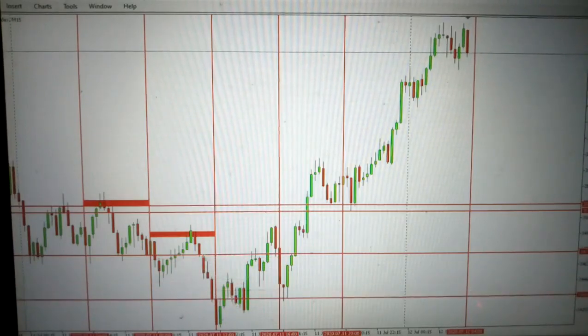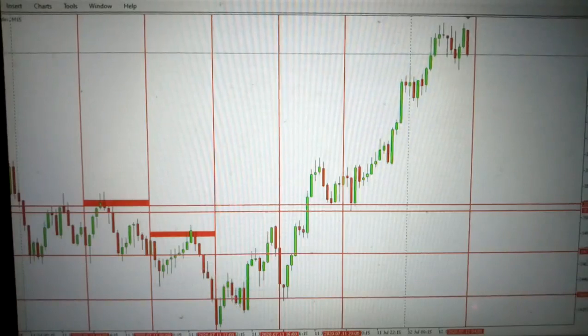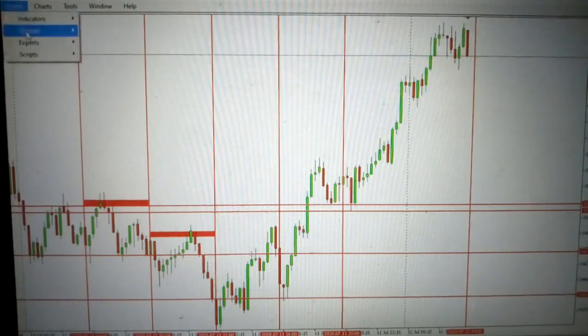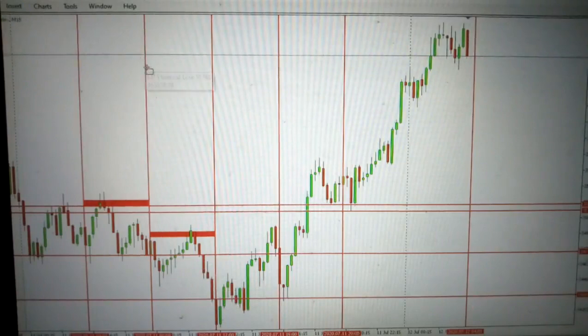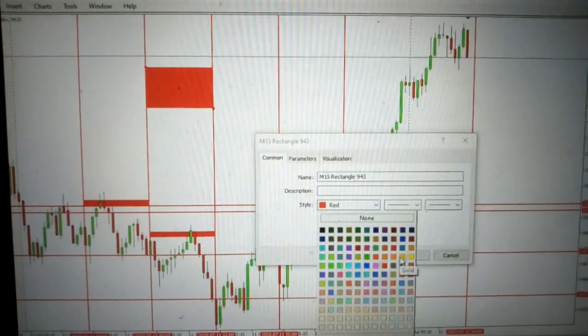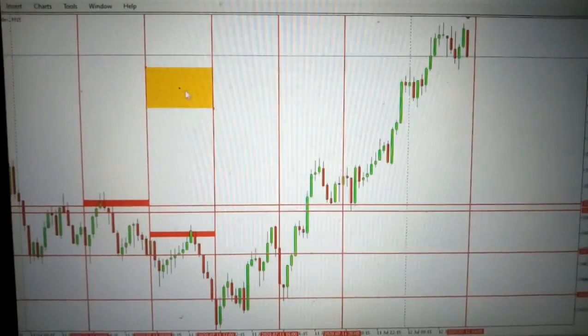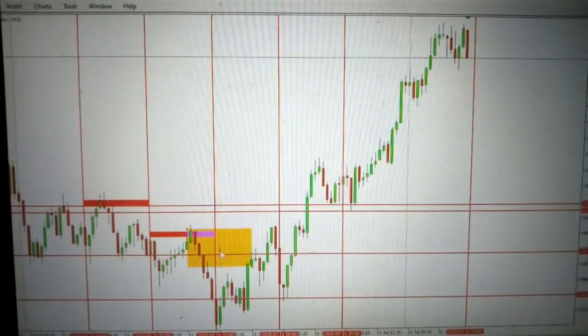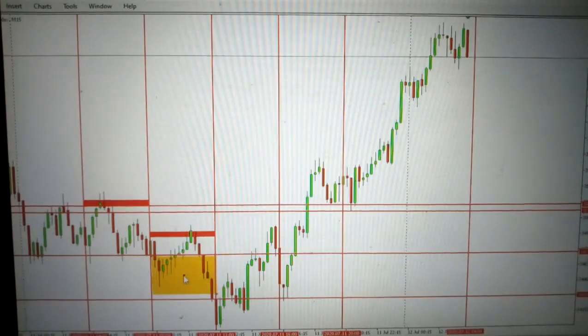This is the rectangular box I'm going to work with. I'll color that orange or gold. Let me call it gold. Now what I'll do is map out the box. This is the box we are working with now.